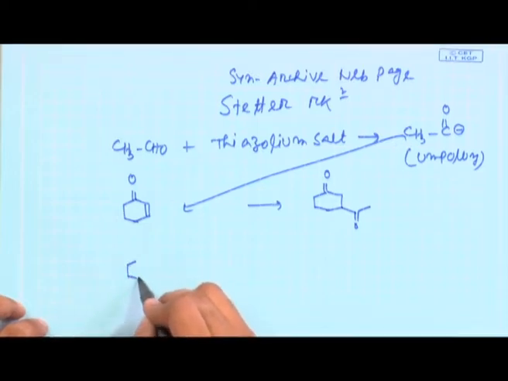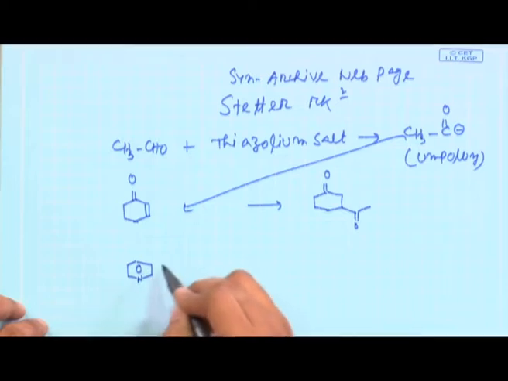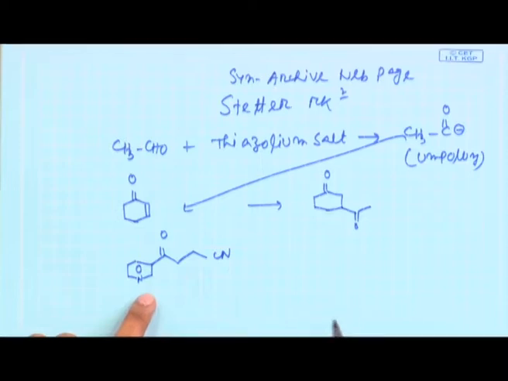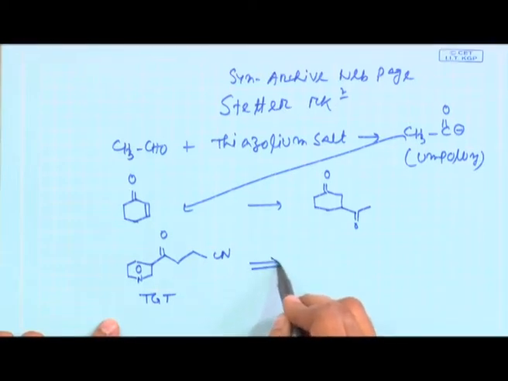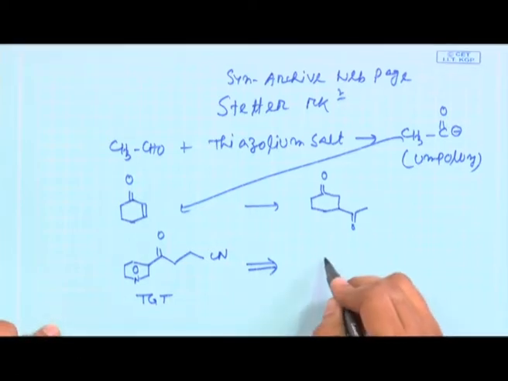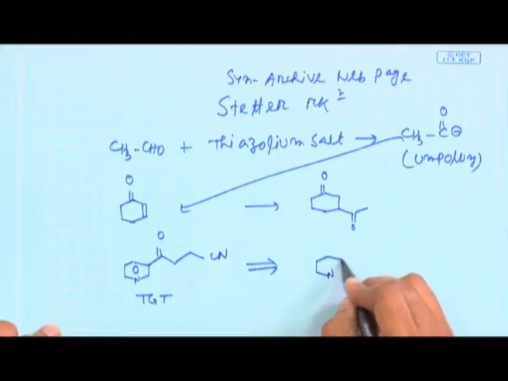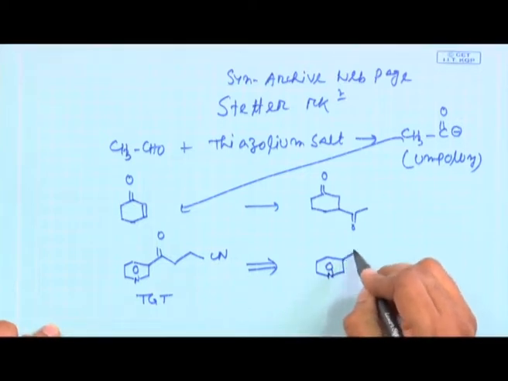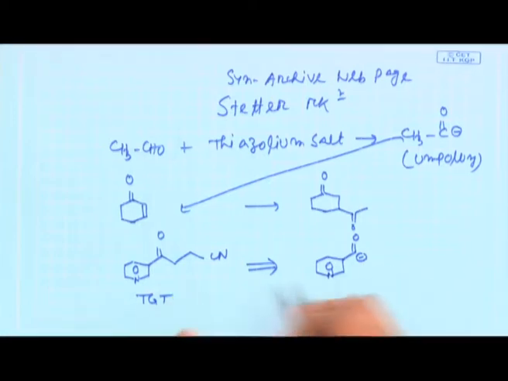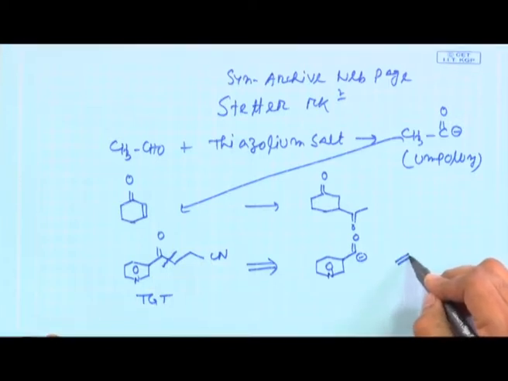I will try to give you another very interesting example. Say I want to synthesize this target molecule by using Stetter reaction. Then, as I said, Stetter reaction is a good way to generate an umpolung carbonyl nucleophile. So, you can just disconnect this molecule as this. Now, this part you have to formulate as a Michael acceptor.